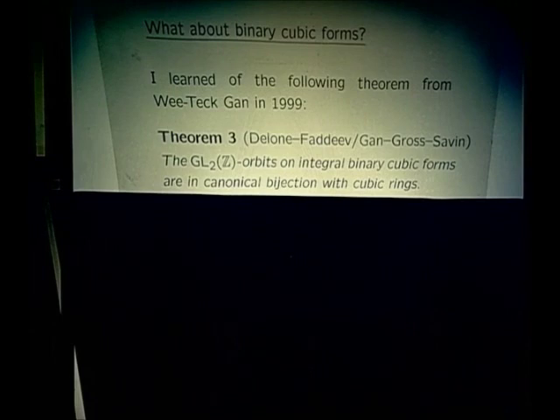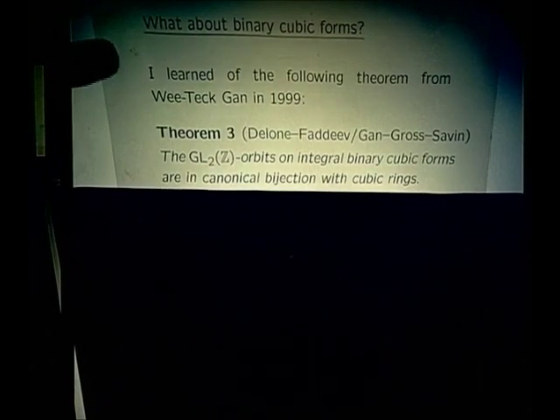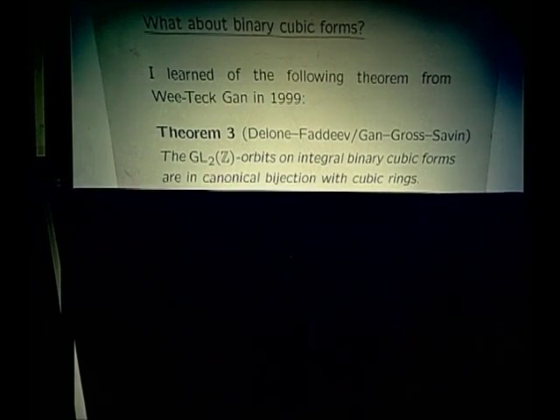A cubic ring just means a rank 3 free Z-module that has a ring structure. It's like a Z^3 with a ring structure. So your prototypical cubic ring is an order in a cubic field. So what this result is saying is that the GL2(Z) orbits on integral binary cubic forms are in canonical bijection with orders in cubic fields, basically.